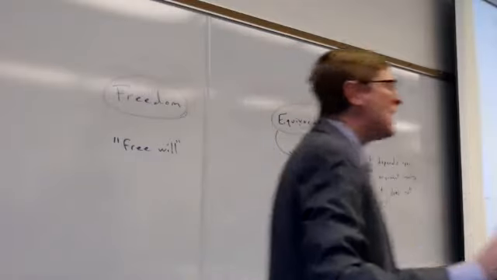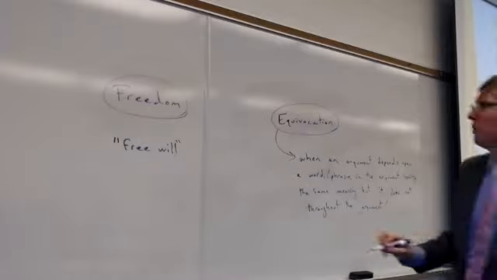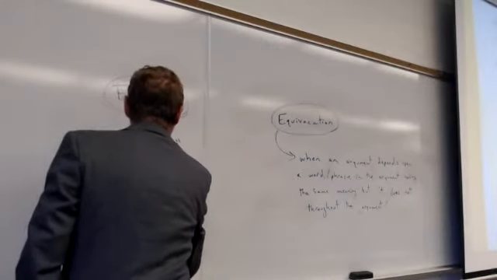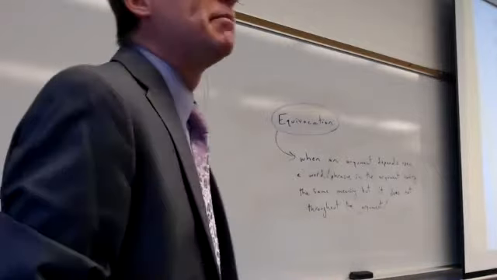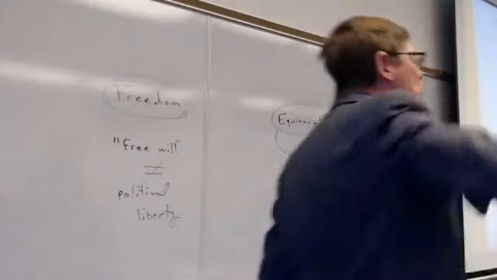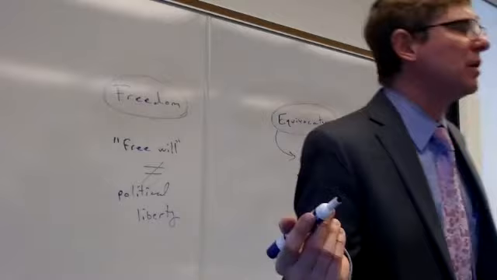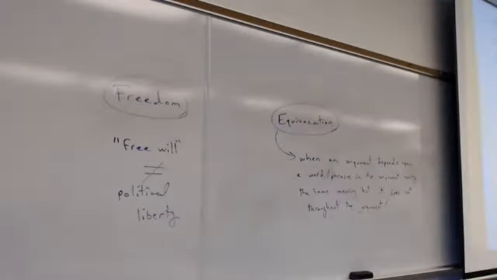And I'm like, well, wait a minute. You're mistaking freedom of the will for this. You're mistaking freedom of the will for political liberty. In other words, you're using the word freedom in two different senses. And by the way, the fact that you might have political liberty is irrelevant to whether or not you have free will or not.